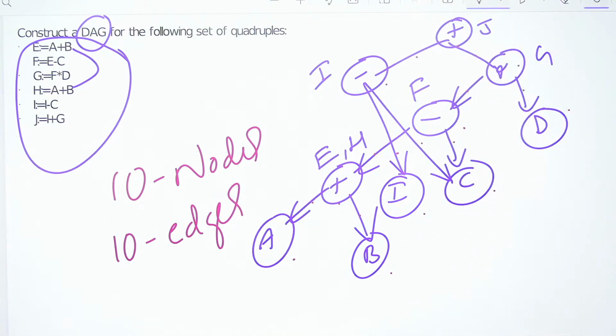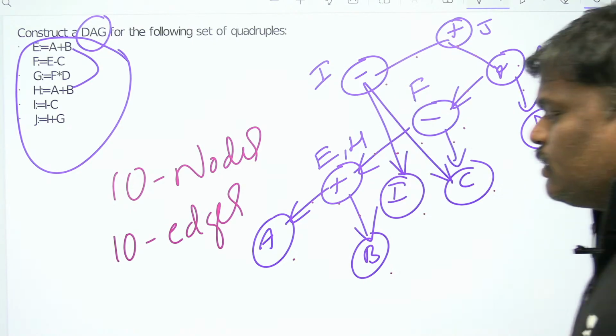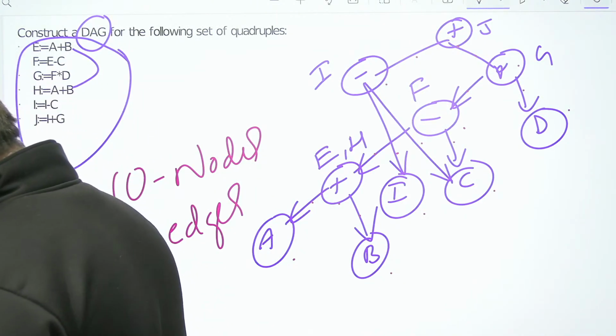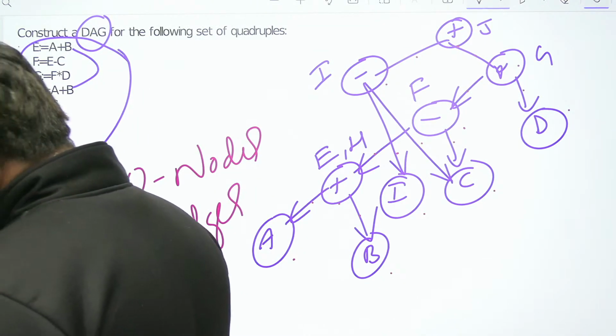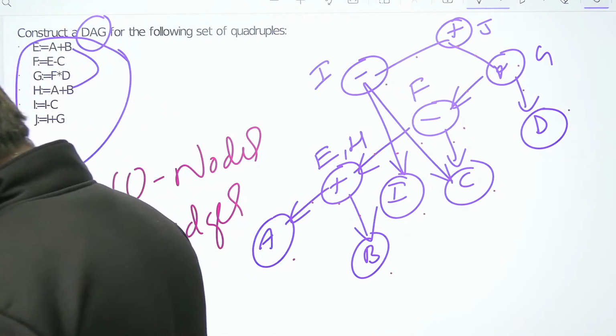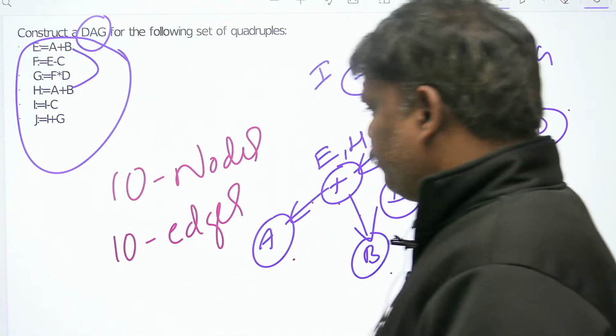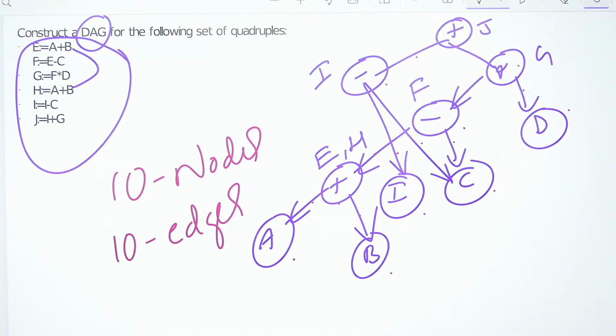Please verify properly. 5 and 5, 10 nodes and 10 edges. DAG creation.